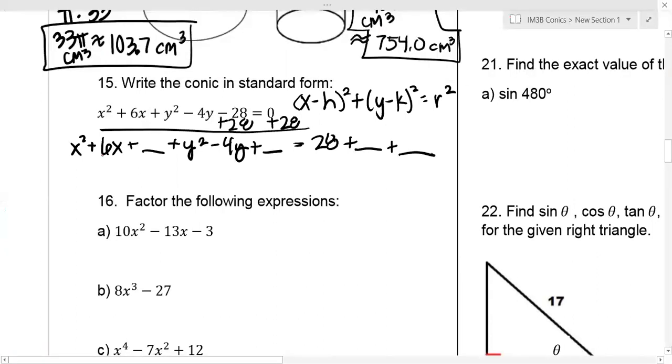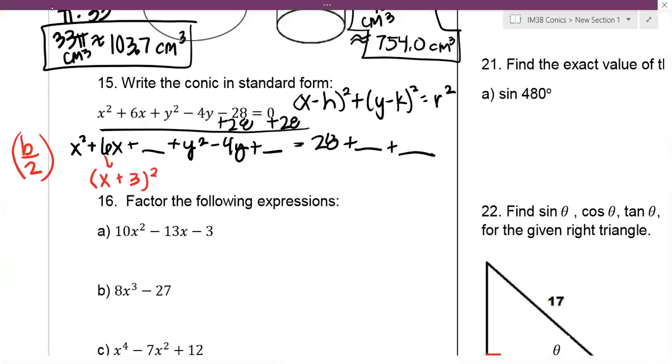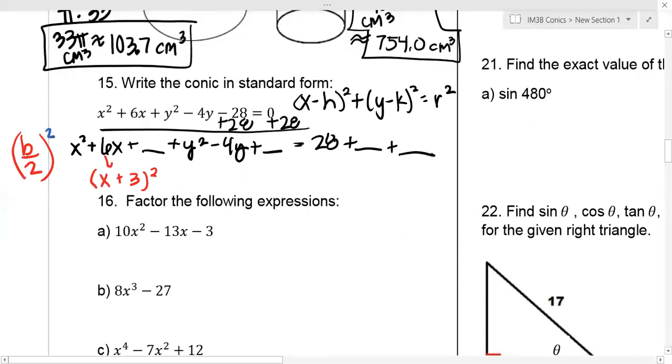So remember that when I'm looking at this, I know this is going to be x plus 3 squared, because when I'm completing the square, I take b and divide it by 2. And then I square that value, which in this case, 3 squared is 9. When I do it with the y, I'm taking the -4 divided by 2, so I get y minus 2.